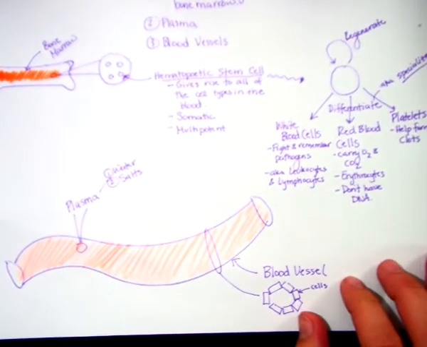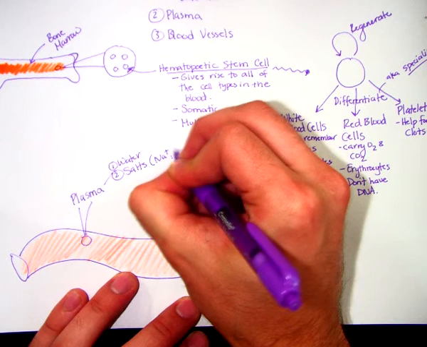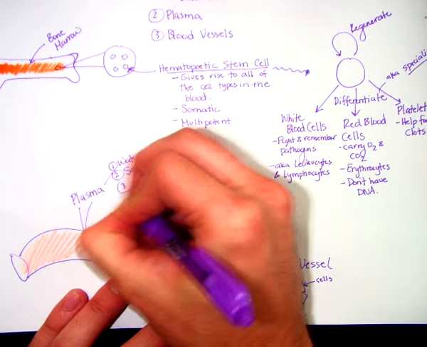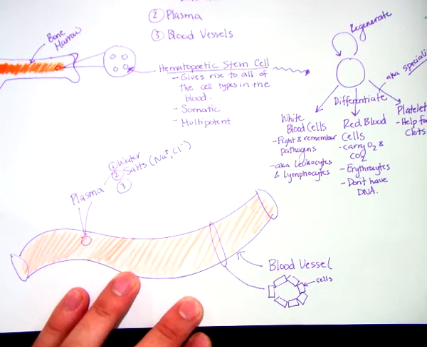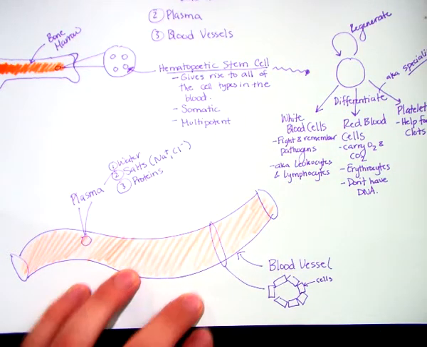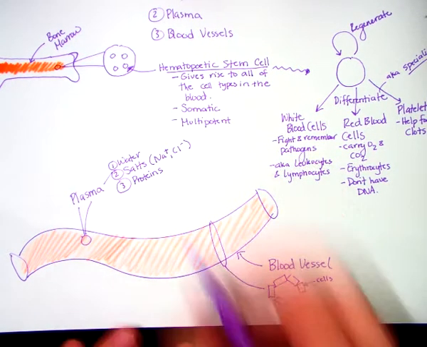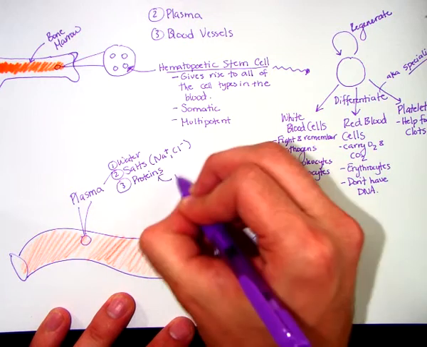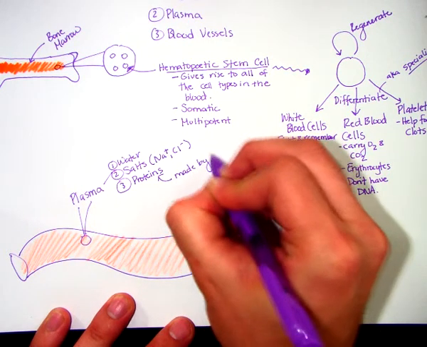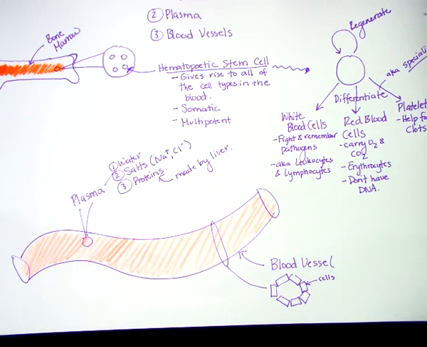So sodium or chloride. And it's made up of proteins. And a lot of these proteins are made by the liver.